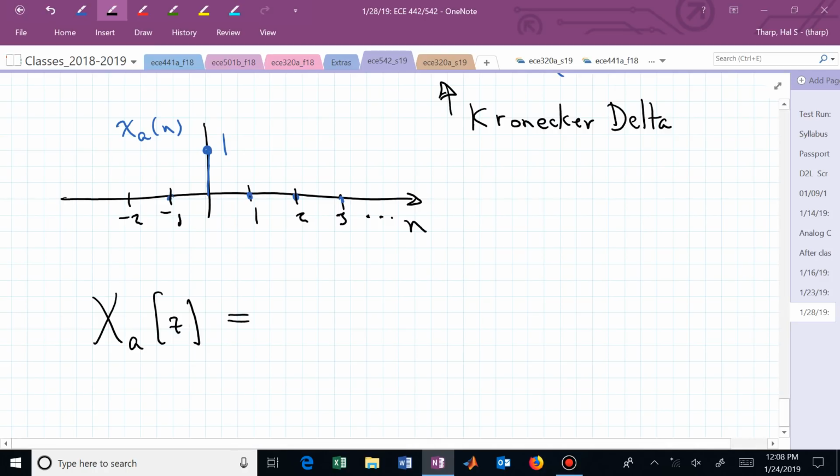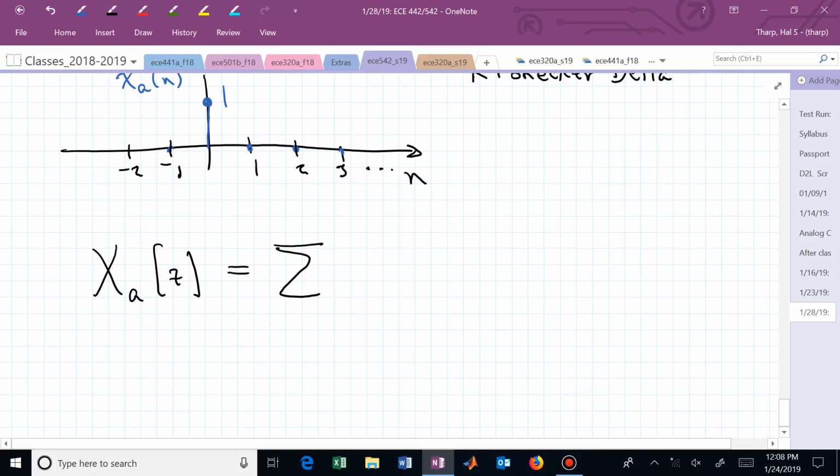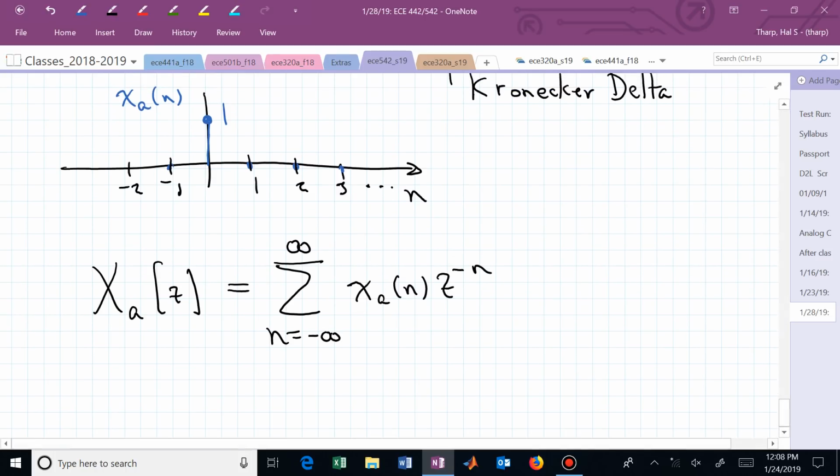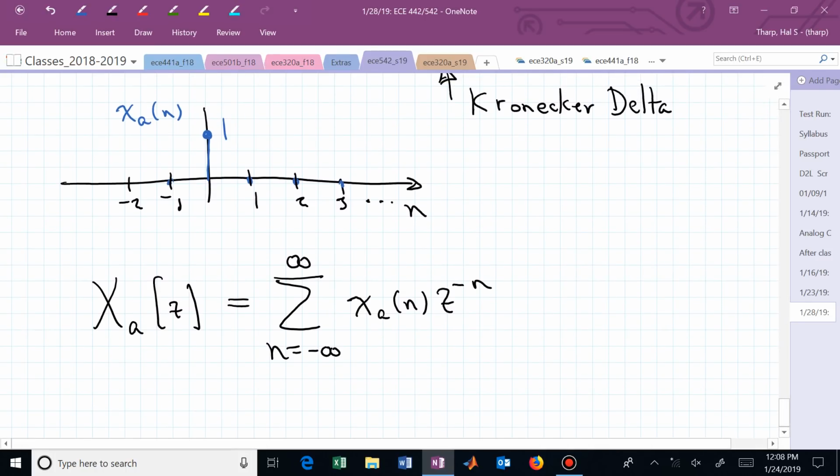If we wanted the two-sided z-transform, we would be looking at this infinite sum from -infinity to infinity of x sub a of n z to the minus n. That's our definition. Now we simply plug in the particular values for this time sequence.